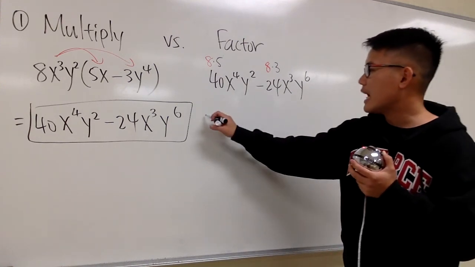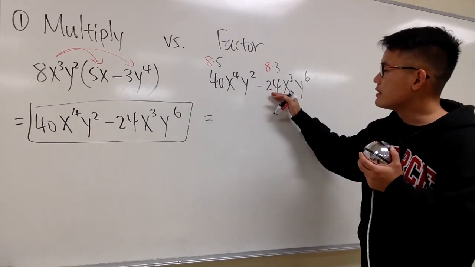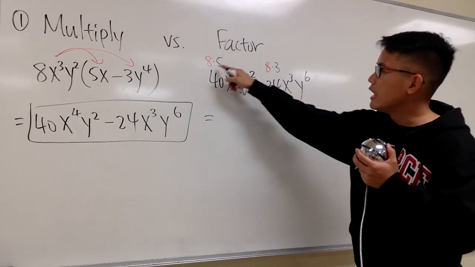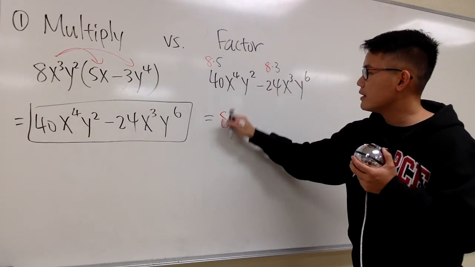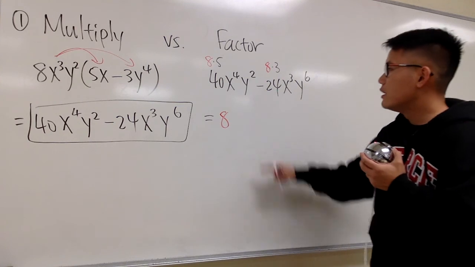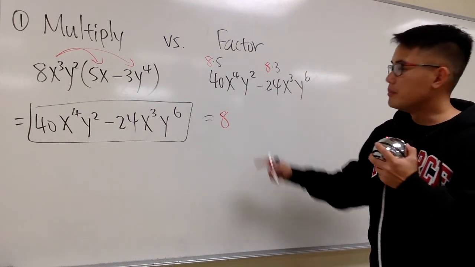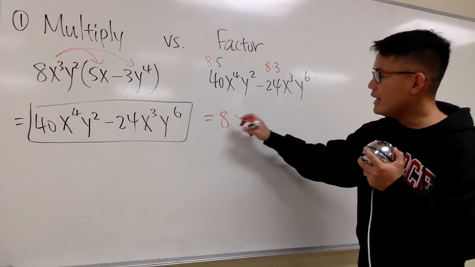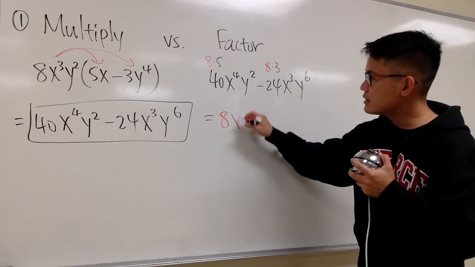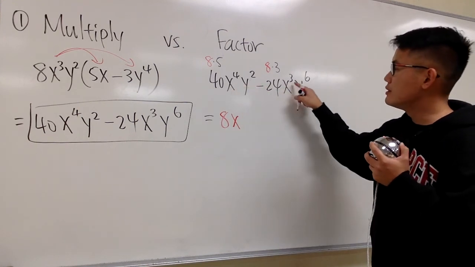And now, this is how we are going to do this right here. We should factor out the greatest common factor for the coefficients. Namely, we found it, which was 8. And then we have to take care of the variables. Let's look at the x first. And in fact, for the variables, it's actually easier. Because, for example, for the x, all we have to do is look for the smaller exponent, which is 3, right?